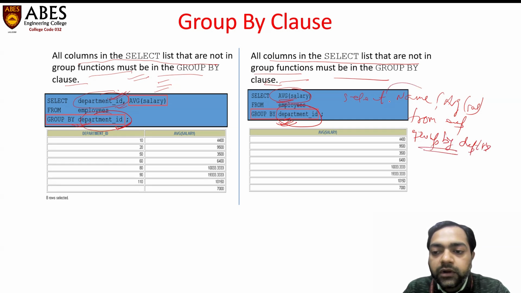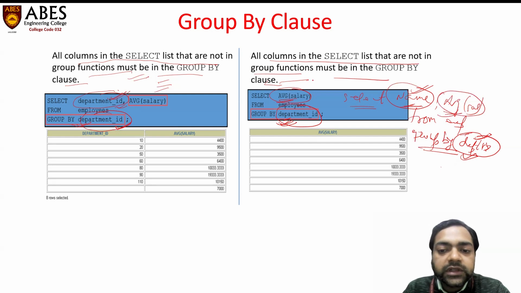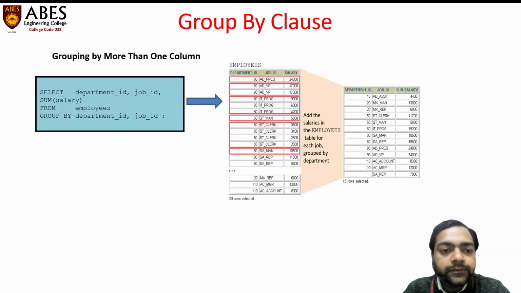Because we have the name attribute in the select clause or select list, right? So if this particular attribute is included in the select list, it must be added in the group by clause, right? And if any particular attribute is included in the group by clause, only that attribute can be added in the select clause other than the aggregate function. So these are the properties of the group by clause, right?